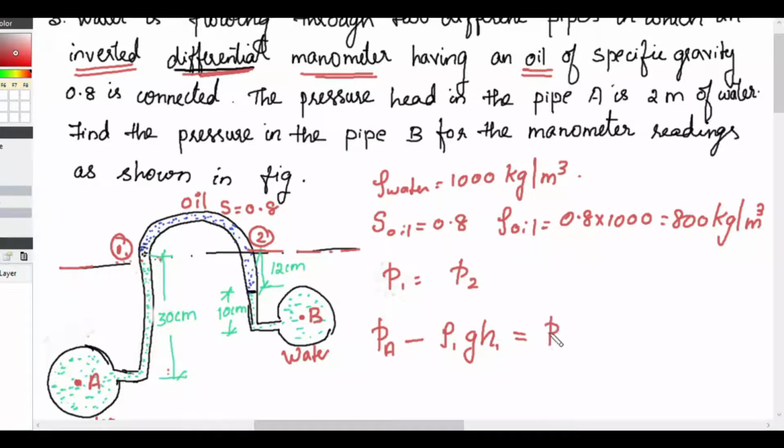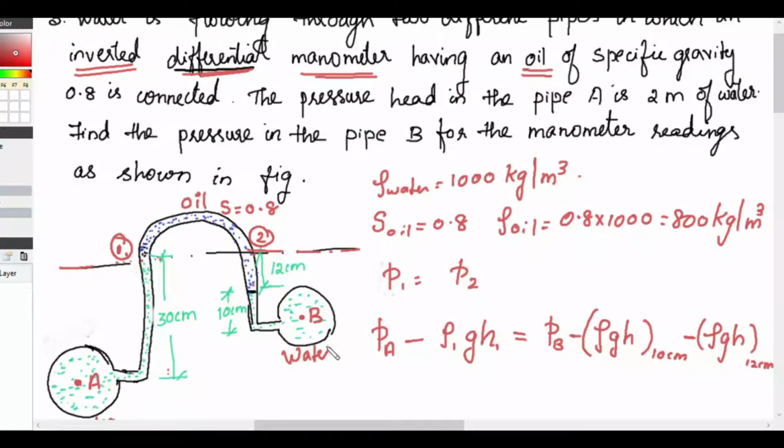The pressure at 2 is the pressure at B minus rho G H due to the height of 10 centimeter, minus rho G H of this 12 centimeter height.